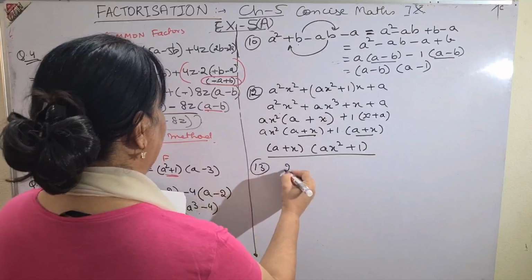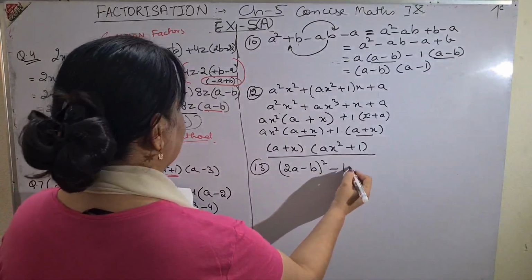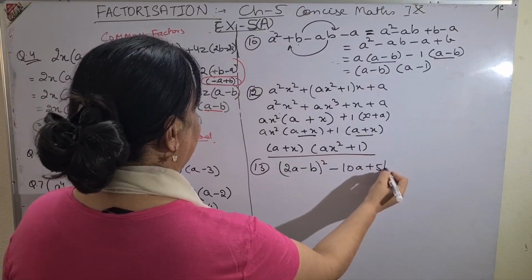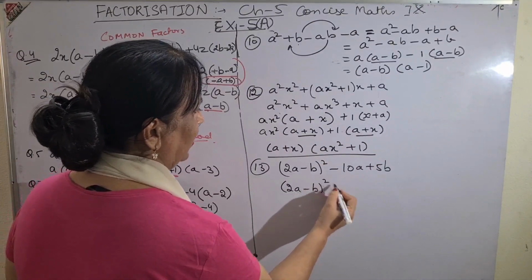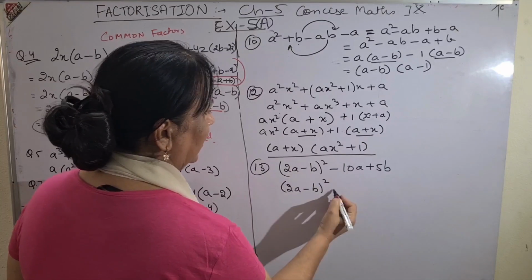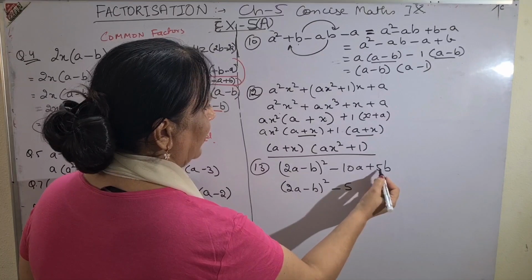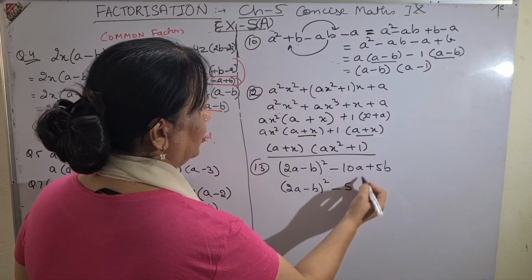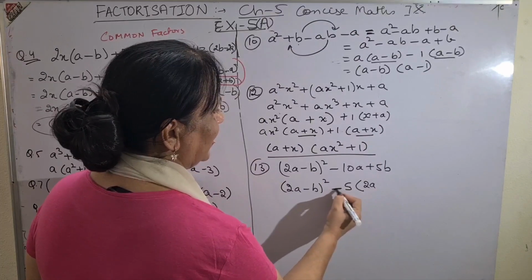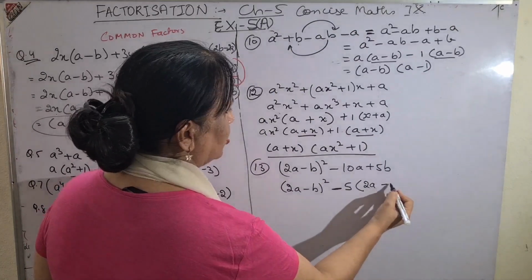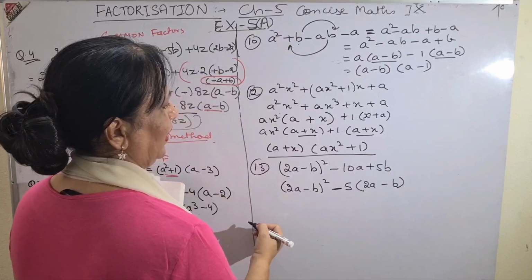See, it is (2a minus b) whole square minus 10a plus 5b. I will leave the first term like this only, same as it is written, and I'll take 5 common, because 10 and 5, 5 is the smaller one, and it is common also. So I will be left with 2a, because the minus sign is outside the bracket, so this will also become minus.